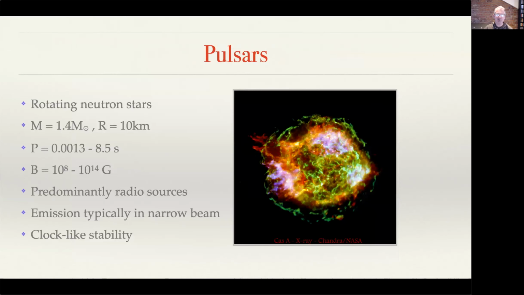The mass of these objects is around 1.4 solar masses. So of those 9 to 20 solar masses that we started with, around 1.4 solar masses is left. But incredibly, that's all squeezed into a radius of just 10 kilometers.